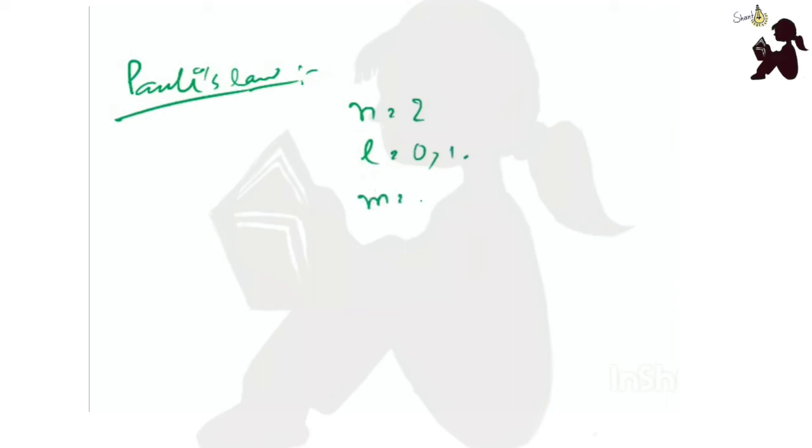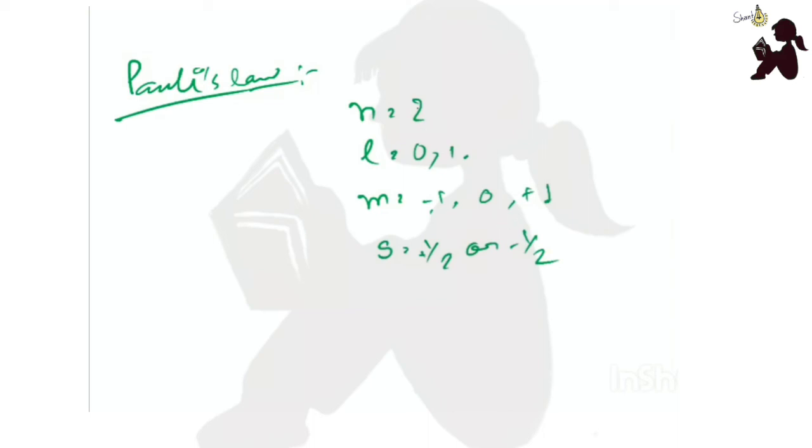Then m can be minus 1, 0, plus 1. And s can be plus half or minus half. So you can see that no set of quantum numbers is coming the same.